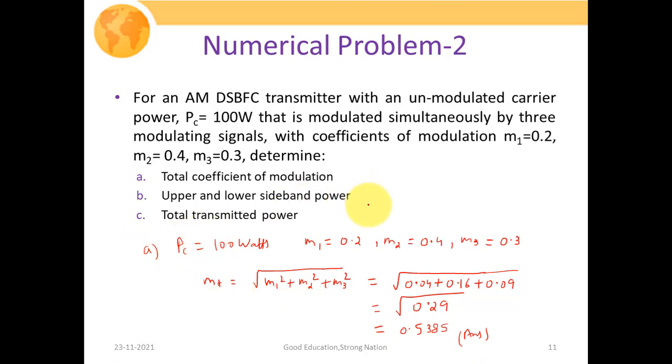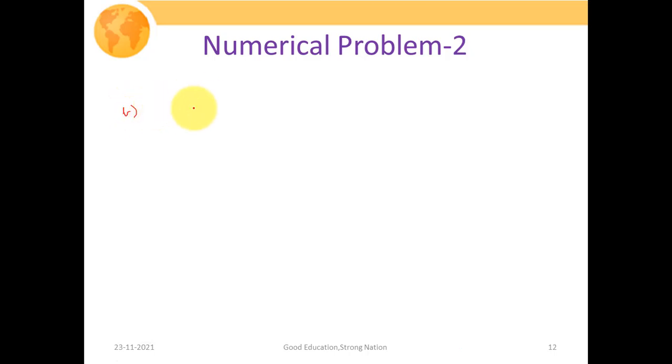Then in the second part, we have to calculate the upper and lower sideband powers. From the theory, P upper sideband total will be equal to P lower sideband total, that will be equal to PC times MT square by 4.